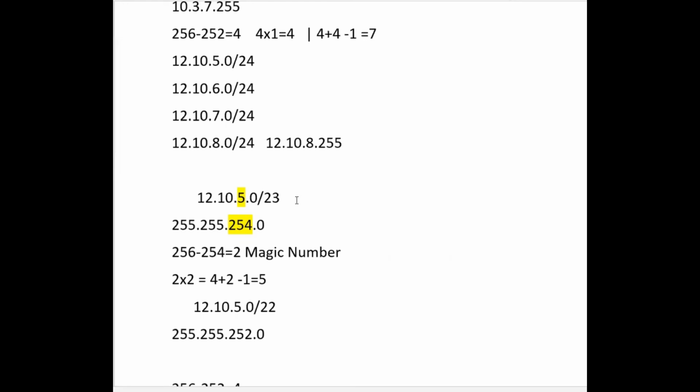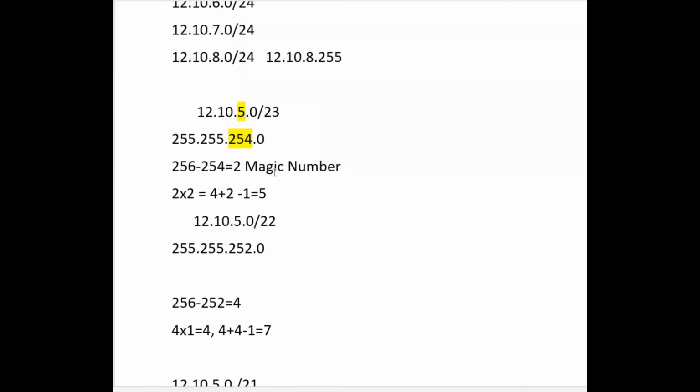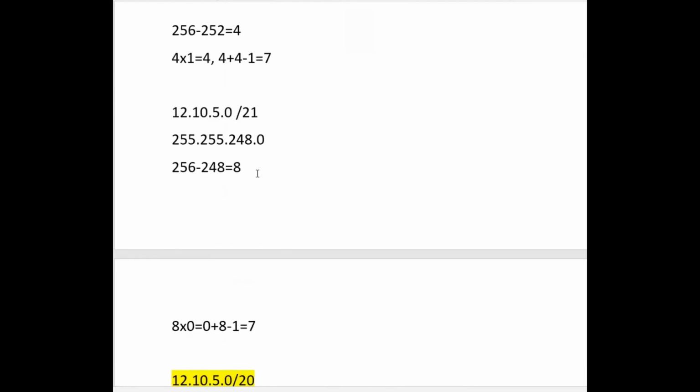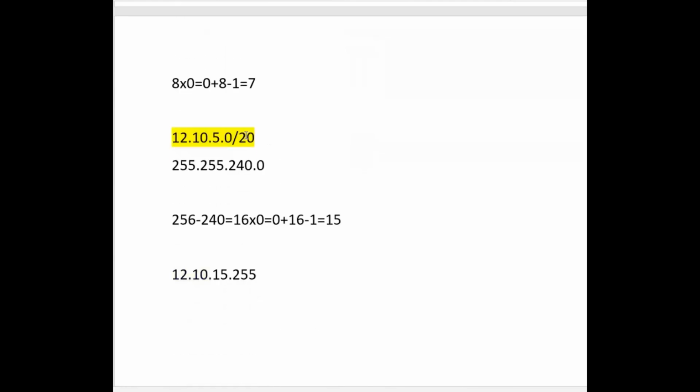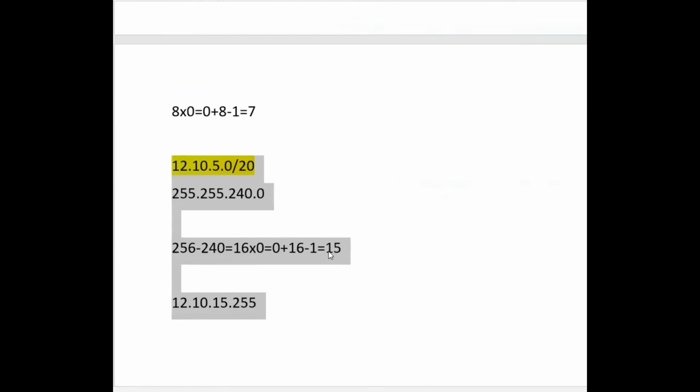We need to find a subnet ID that will cover all the small subnets. In this example, we tried /23, which didn't work, /22 didn't work, /21 didn't work, and /20 worked. So in some cases we need to do a bit more mathematics to find it. That's pretty much the route summarization information.